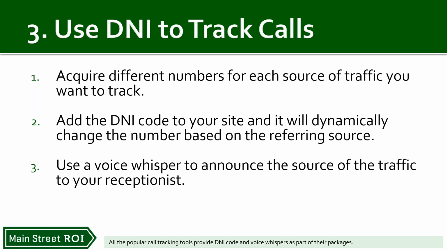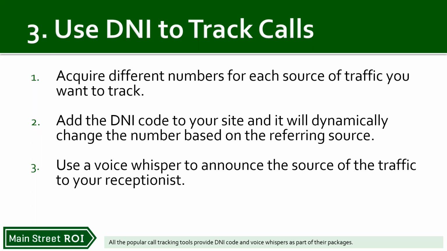And I would also recommend you take that a step further and add a voice whisper. What that will do, whoever's answering the phone, they could answer the phone, and then the call tracking tool will tell you where the call came from. So in my example, if I came to the site from email marketing, the DNI code would change the phone number.